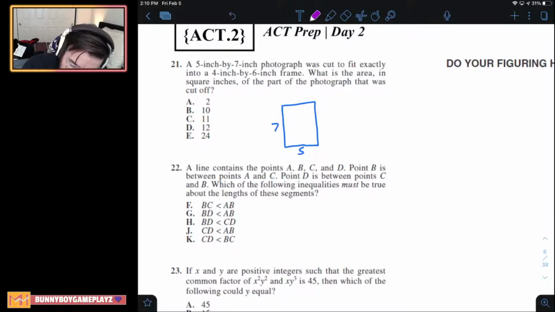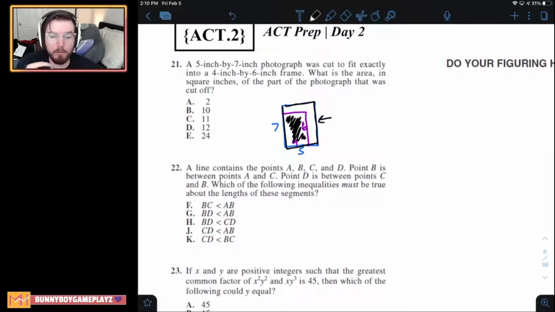So we took this 5 by 7 and cut it into a 4 by 6. So what is the area of the part that was cut? And subtract away this portion to see how big the remaining portion is.